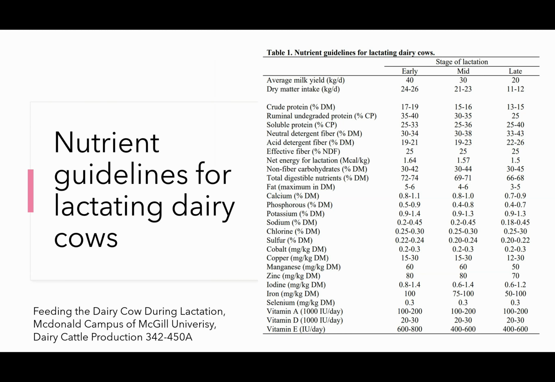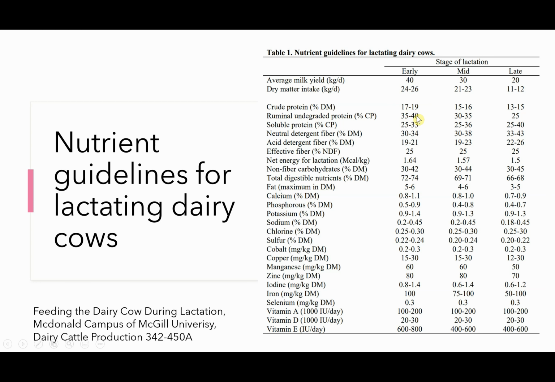Now this is just the nutrient guidelines for lactating dairy cows. You can see the average milk yield decreases over the stage of lactation, and so does the dry matter intake, and we were able to see some of this over in the last chart. Crude protein is a lot more critical early on, but not so much later, as well as just the ruminal undegraded protein.